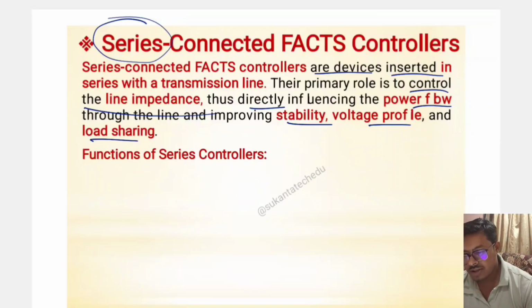Now we'll see the functions of these series controllers.